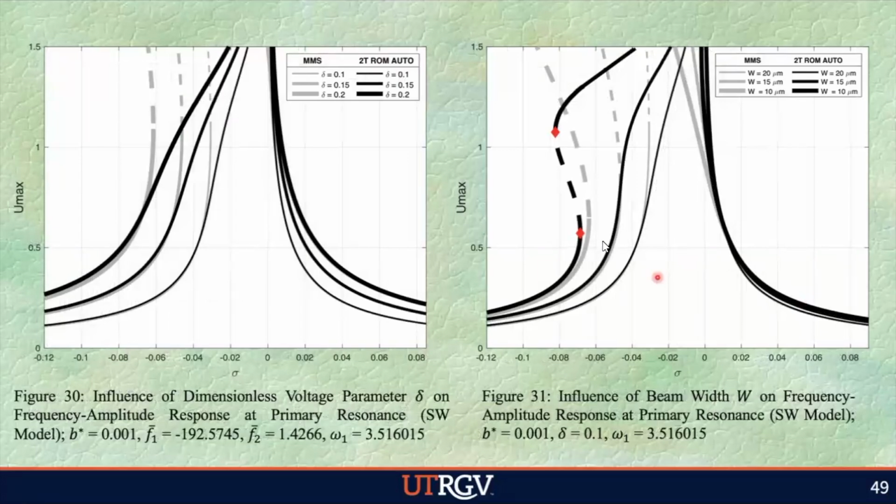Here you can see the effect of the voltage parameter on the left and the effect of beam width on the right. Increasing the voltage parameter and decreasing the beam width both lead to similar responses. And this is a key finding, since in case a certain parameter value is fixed and cannot be changed, other parameters can be varied instead to achieve a similar response.